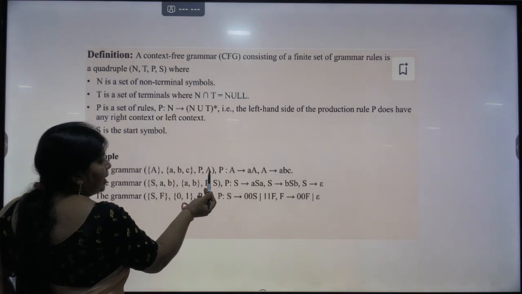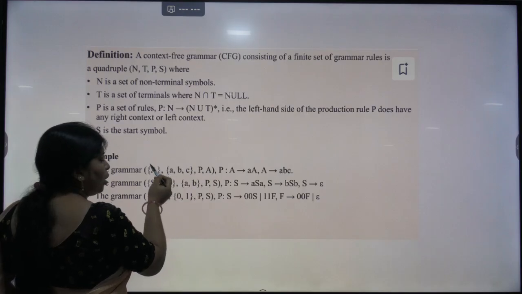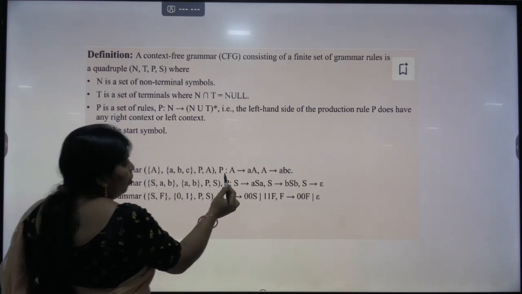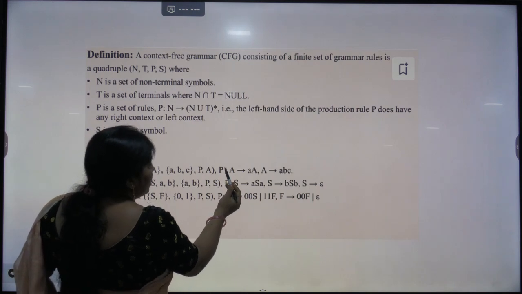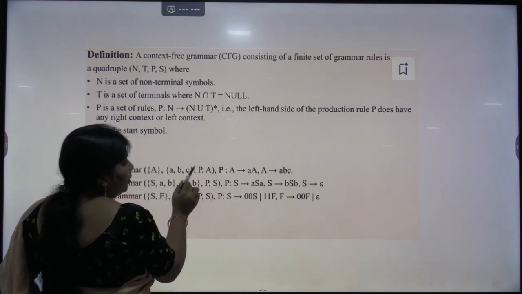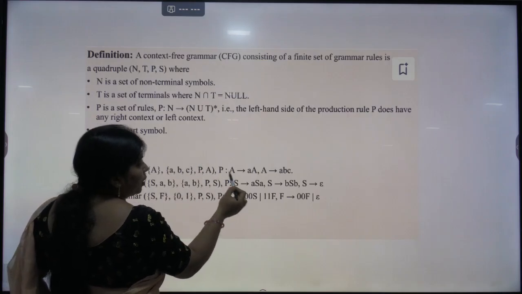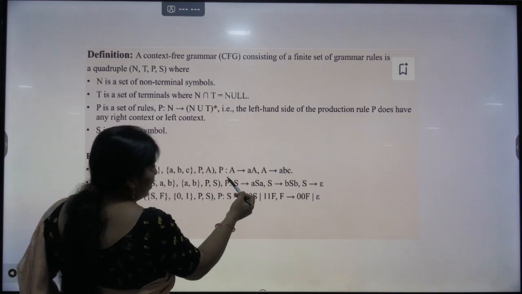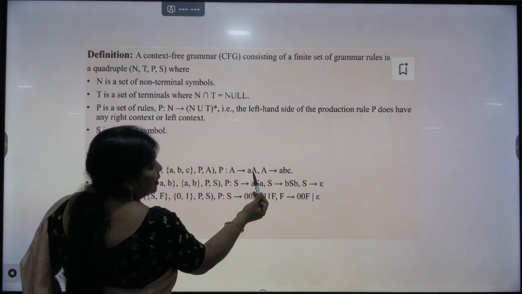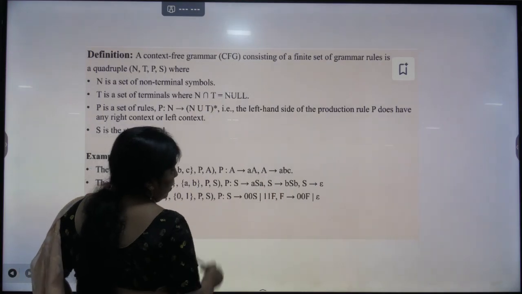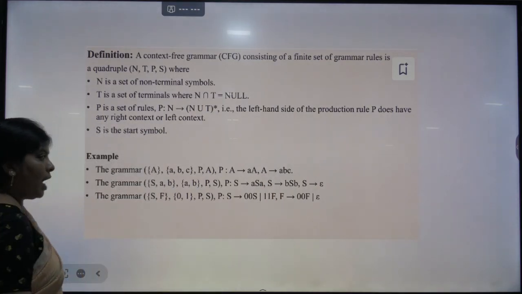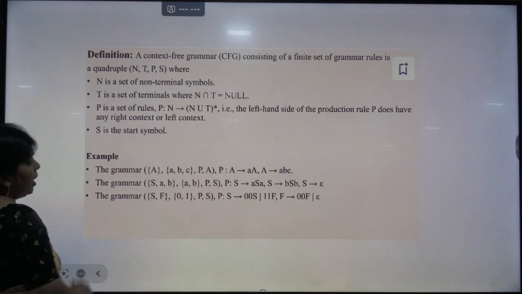Here A itself is the start symbol, and we have only one non-terminal symbol A. Only the productions are left. The productions in the context-free grammar are A tends to small a, capital A, and A tends to ABC. These are the productions given in the context-free grammar.